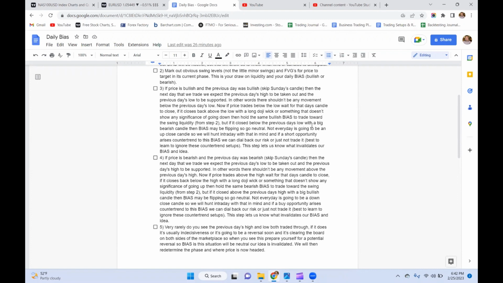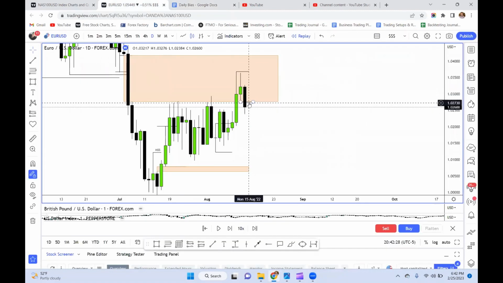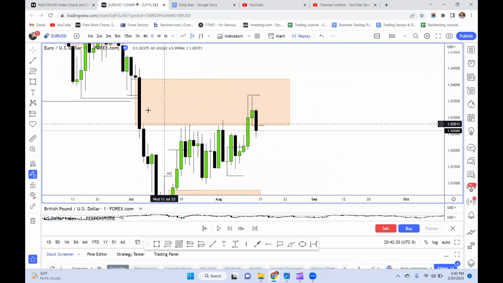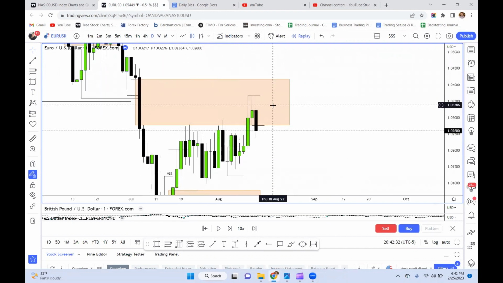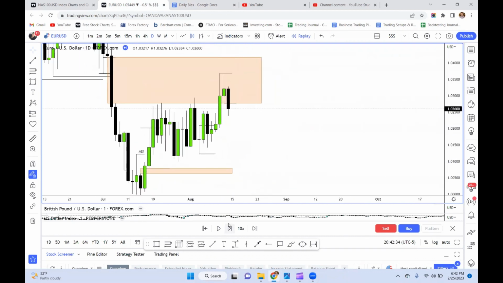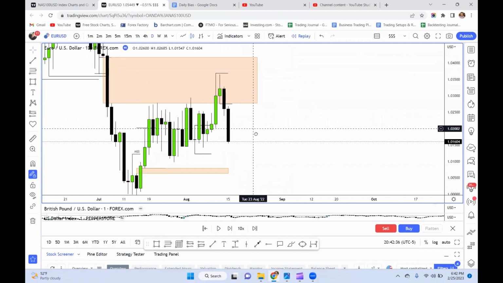Yes. Not every day is going to be an up close candle, so we will hunt intraday with that in mind again. So right now, price could be taking off from this level, retracing down. Let's see what happens. Okay.